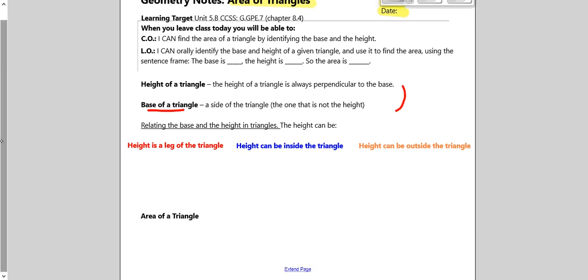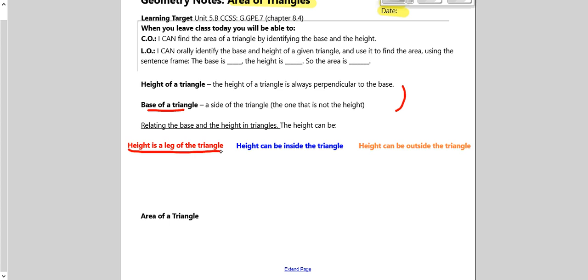So the first is with regards to the height and the base. By the way, if you need to pause the video to take some notes, feel free to do so. The first thing is that the height can be a leg of the triangle.